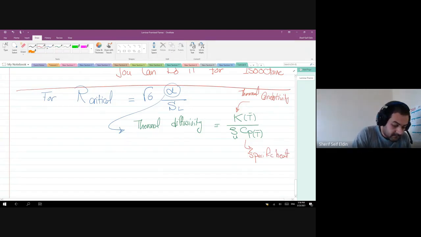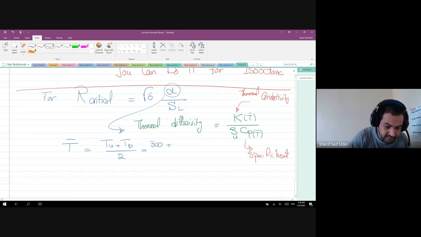T bar is the average temperature between the burned gases and unburned gases, Tb plus Tu over 2. Let's say the unburned gas temperature is 298, about 300. Just assume, this is not the solution of the third problem, but it's just to give you an idea, that the burned gas temperature was 2000 Kelvin, over 2. So this is going to give you an average temperature.